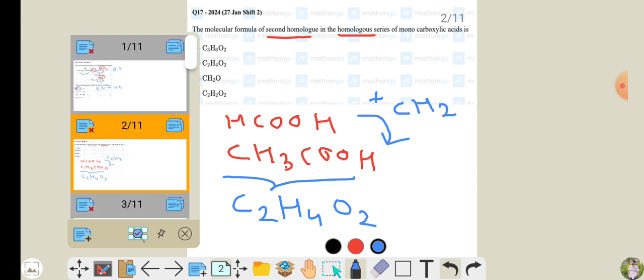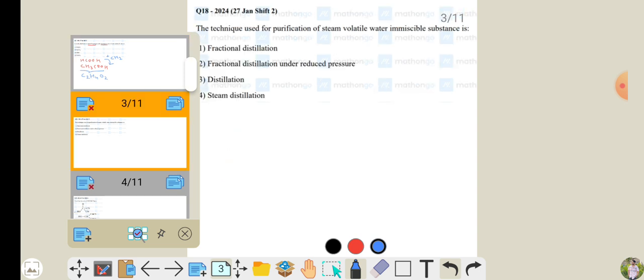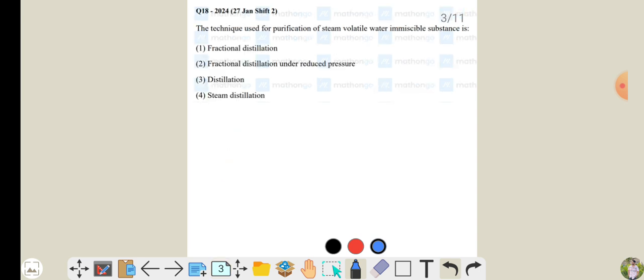Third question. They are asking the technique used for the purification of a steam volatile, water immiscible substance. Simple thing: whenever we talk about purification of a steam volatile substance, and it is immiscible with water, then you can use the process of steam distillation.